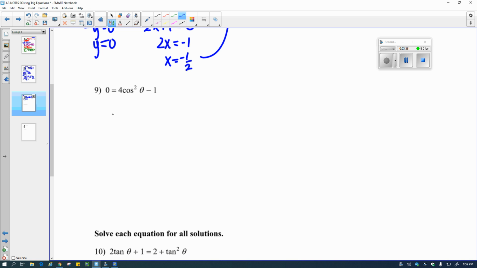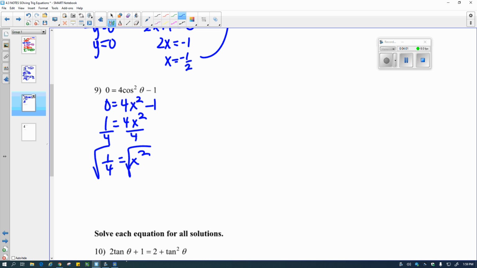It's cosine squared. So I'm going to start by, again, replacing this with an x, and then I'll solve. I could factor this. It's a difference of squares, but because there's no single x term, I can also solve it by adding 1 to both sides, dividing by 4, and then taking the square root of both sides to get my final answer.